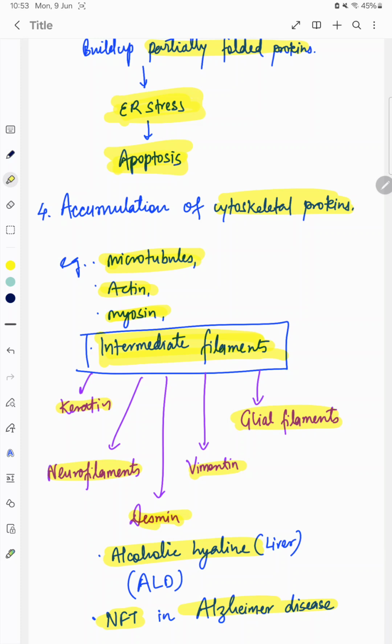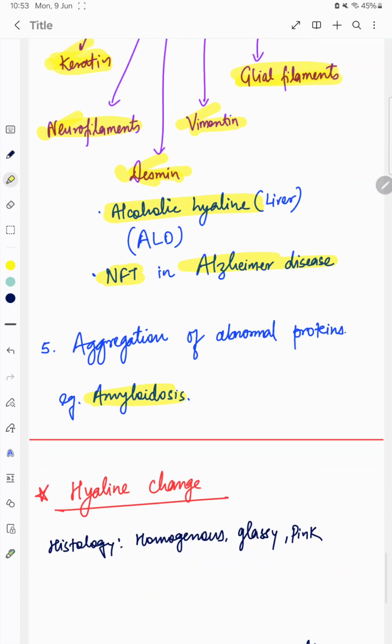Intermediate filaments are of many types like keratin, neurofilaments, desmin, vimentin and glial filaments. There is an aggregation of abnormal proteins in amyloidosis.